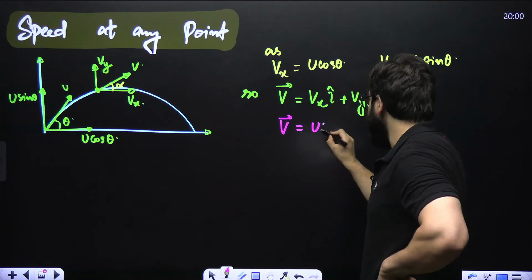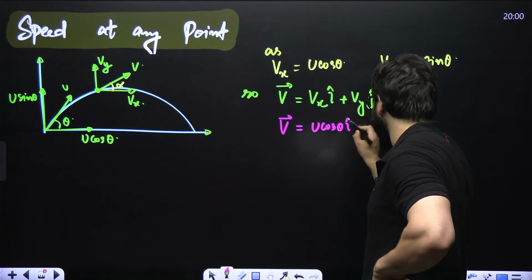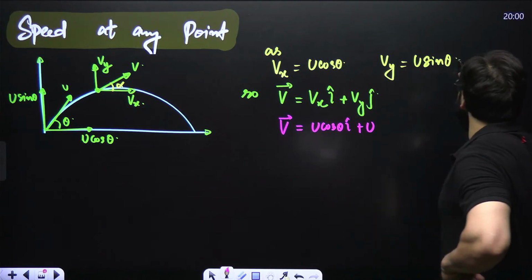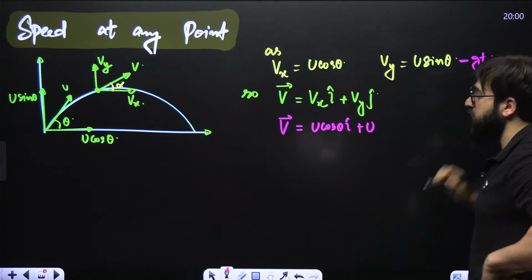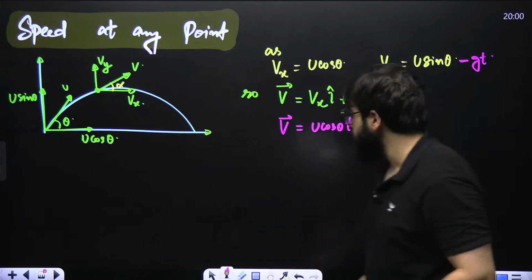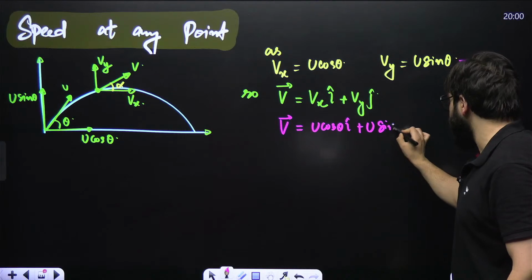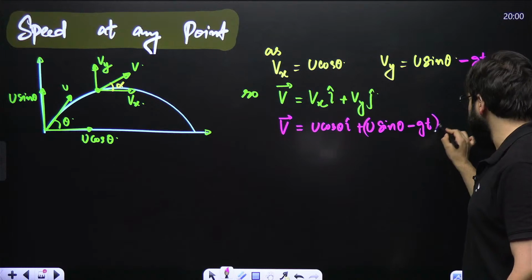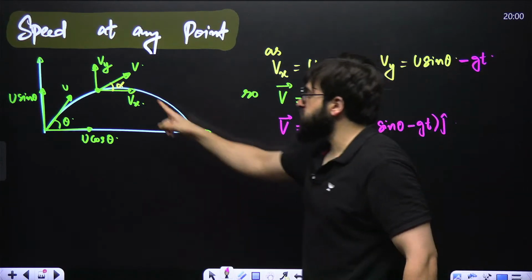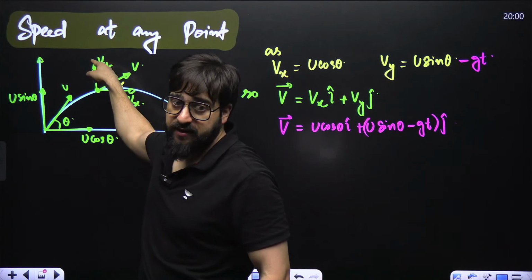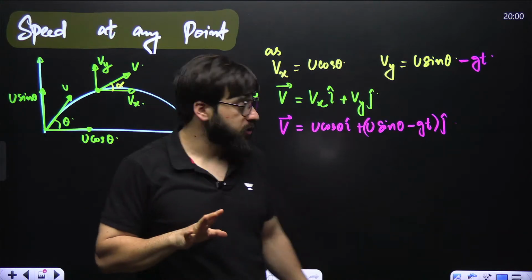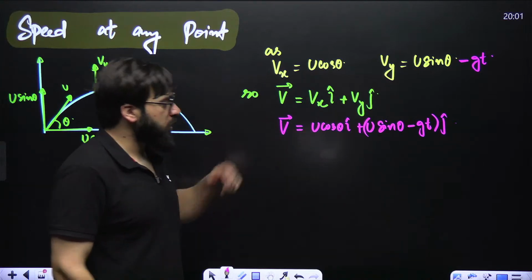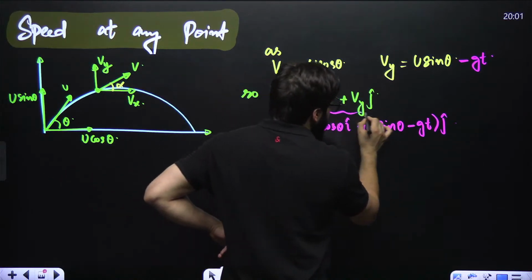That is u cos of theta into i cap, plus the value of Vy, which is u sine theta minus gt, into j cap. Because this is the final velocity in y direction. It is not initial that we are talking about. So this is i cap, this is j cap. And this you can remember over here.